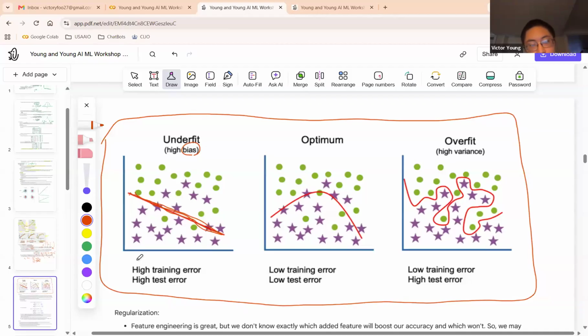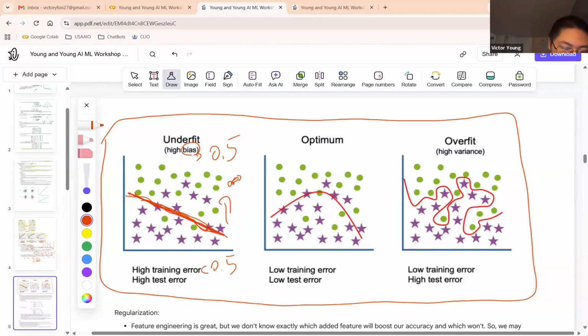This is classification, so this would be something like logistic regression. Here's the decision boundary. Above here, the output will be 0.5 or more, and down here will be 0.5 or less, right? This can be logistic regression.